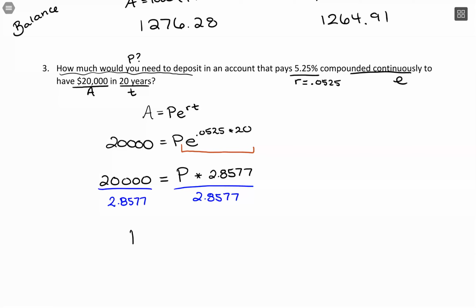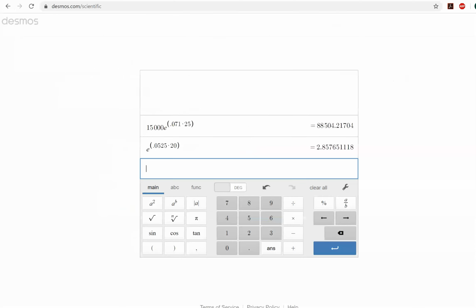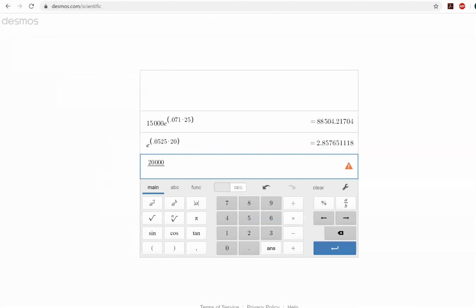What I'm going to do is take 20,000 divided by that value. So in my online calculator, I'm taking 20,000 divided by, and if we want to repeat this answer right here without having to type it all out, which isn't the worst thing, you could just start typing and include as many values as you can. But to get the exact answer copied, there's this answer button right here.